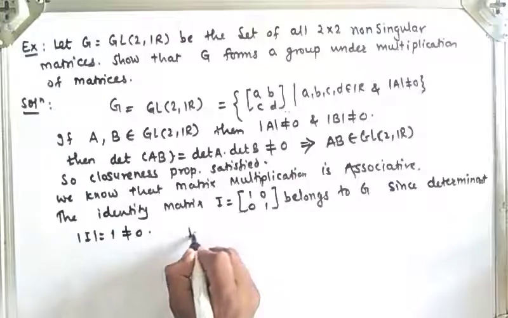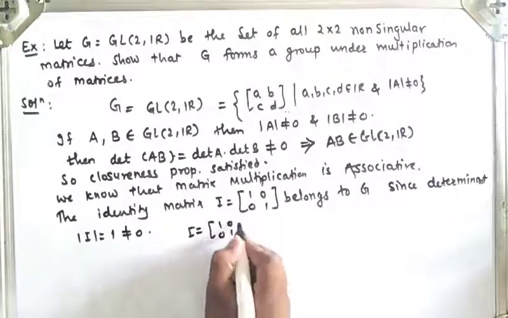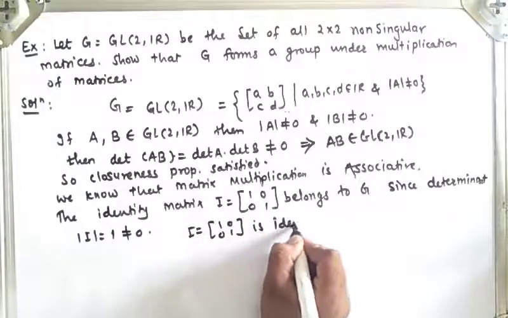So I equal to 1 0 0 1 is the identity matrix.